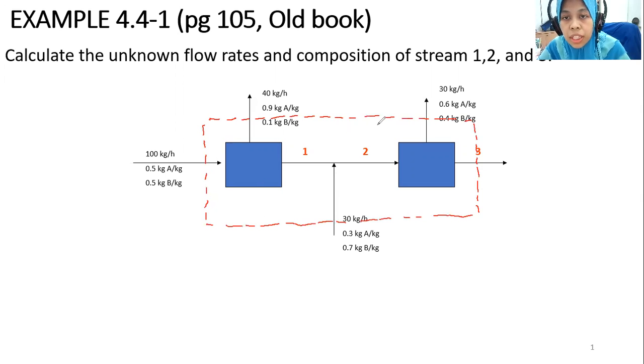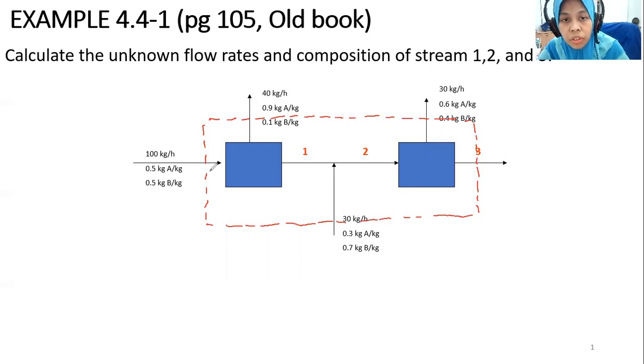The overall boundary means that we don't consider calculation for stream number 1 and stream number 2 here.